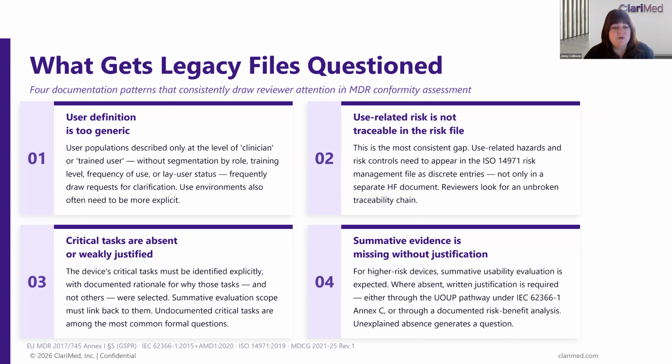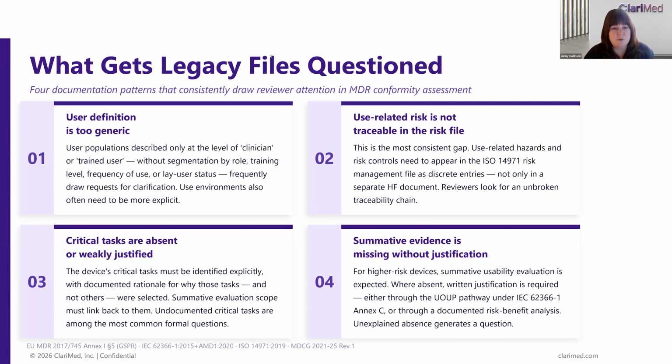So reviewers really need to see descriptions of roles, of training level, frequency of use, and they need to understand how these aspects might produce different use interactions. And so it is therefore really important to describe groups clearly, in particular lay users. We'll talk about them a little bit later, but they are typically less well understood. And there are aspects of labelling within the MDR as well.